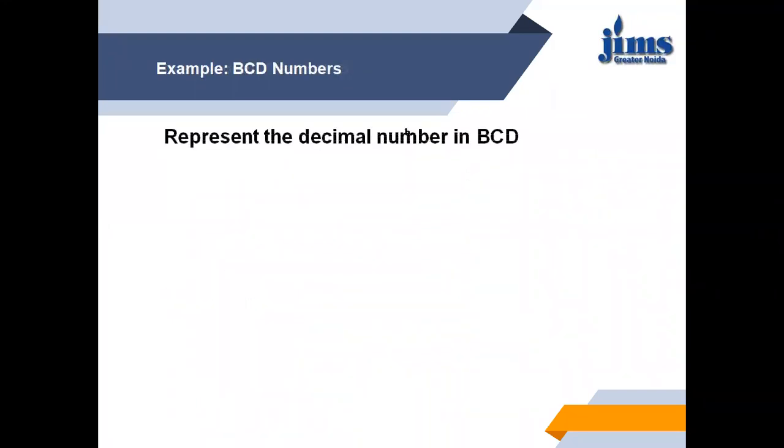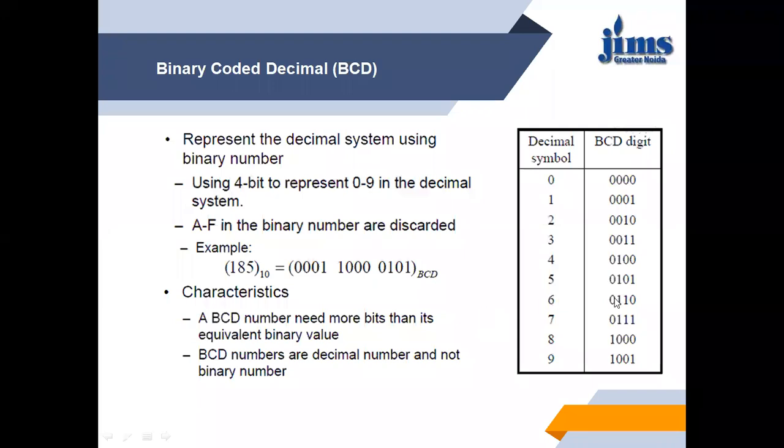Now let us do an example. All of you solve it step by step. Represent the decimal number in BCD. We have the number 576. Solve it by yourself. Represent 5 as 0101. 7 will be 0111, and 6 will be 0110.